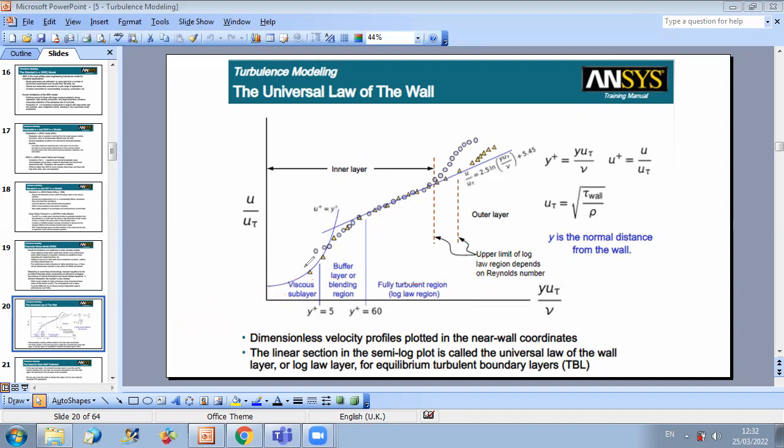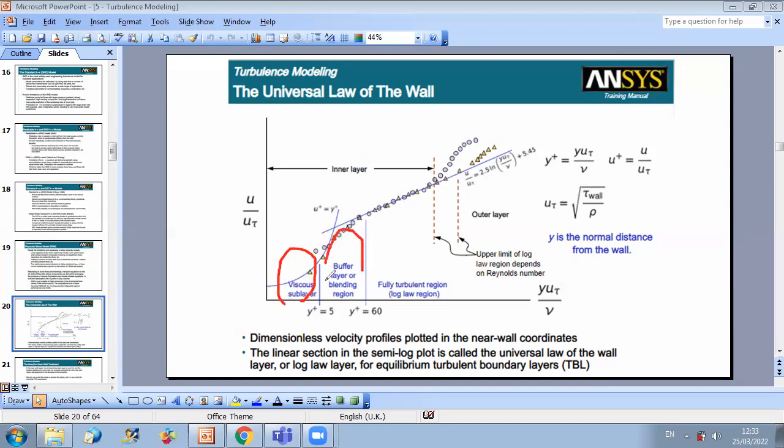Because of these different layers, modeling the flow behavior near walls is really challenging. It presents several challenges. And to be able to overcome this, we should come up with models able to consider the 3 different regions. Now, what is the idea here?